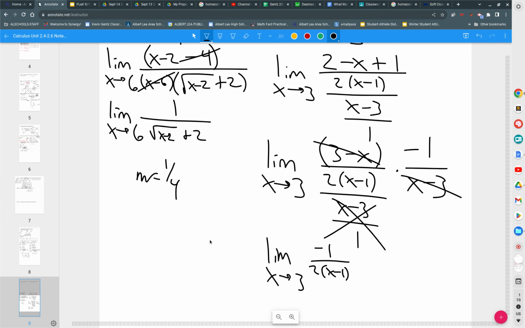There we have it. Now we can plug in our 3, and we get -1/4. We've removed the discontinuity, and then we filled the discontinuity. The value is -1/4. You've learned how to deal with the polynomials, the root functions, and the rational functions. Those are the 3 types of functions that you want to be able to deal with.